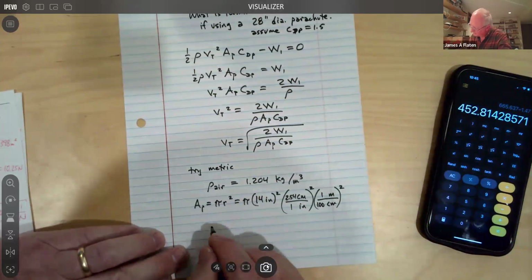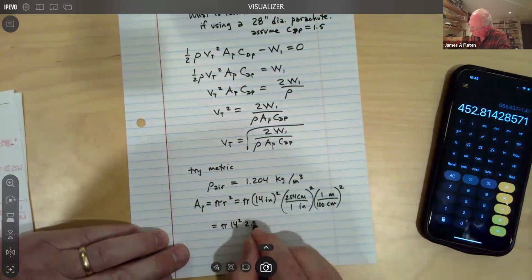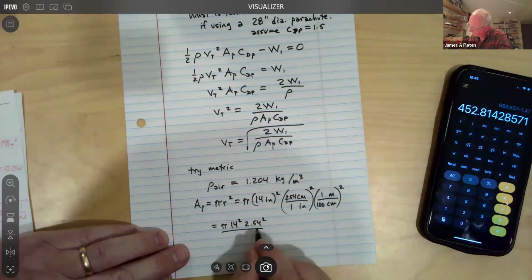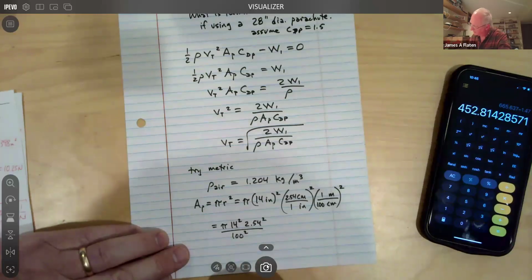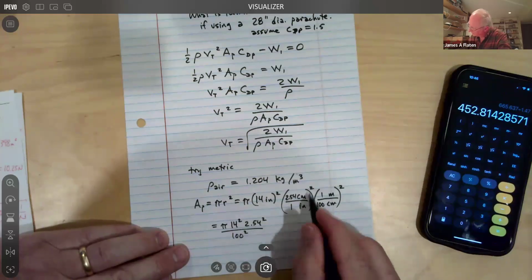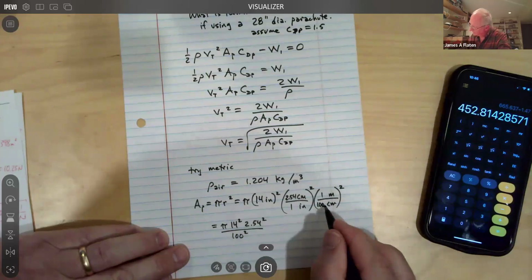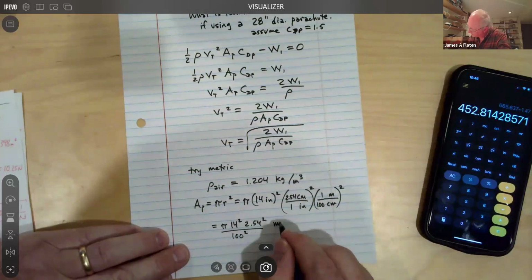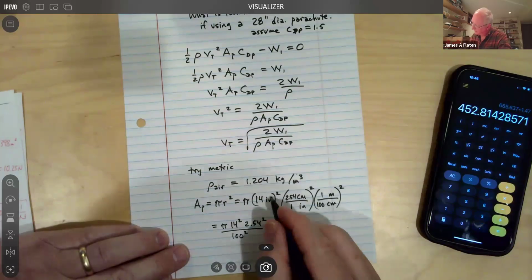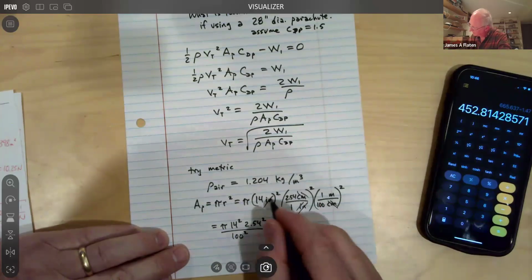Let's calculate that out. So pi times 14 squared times 2.54 squared divided by 100 squared. That's the number. And the units, inches will cancel here, inches squared over inches squared, and centimeter squared over centimeter squared. And so ultimately I come up with meters squared. That's great.